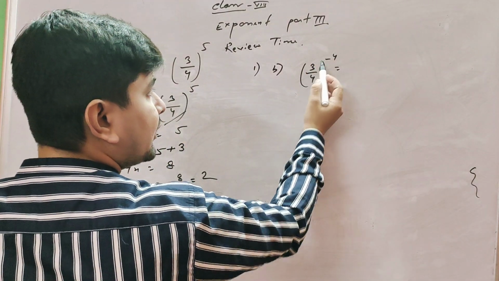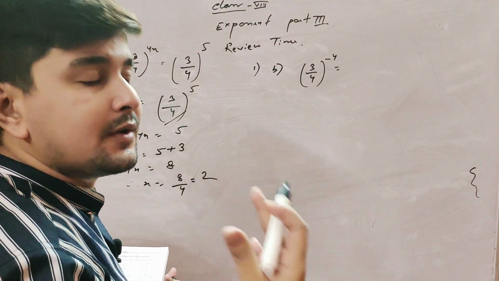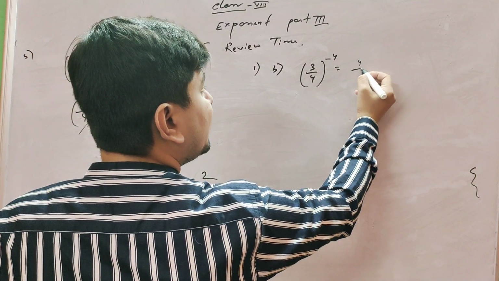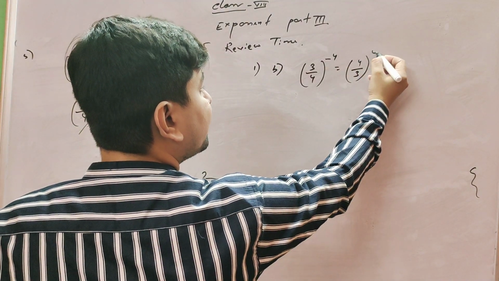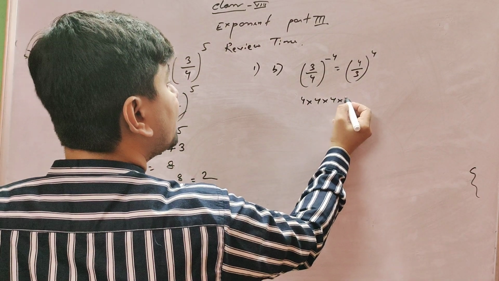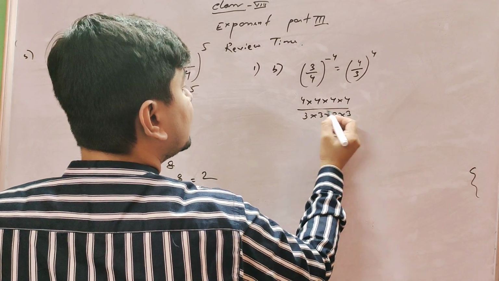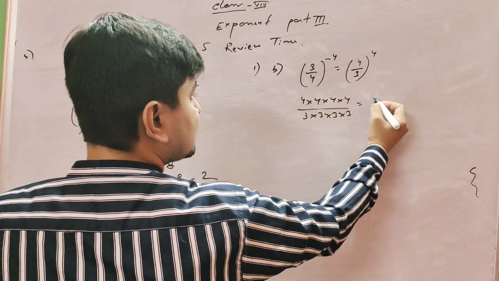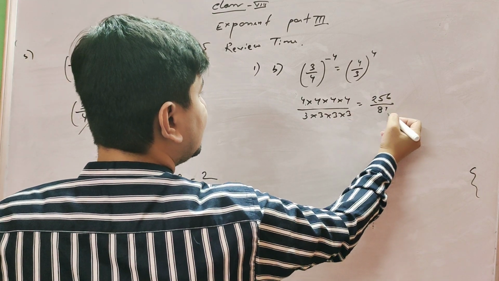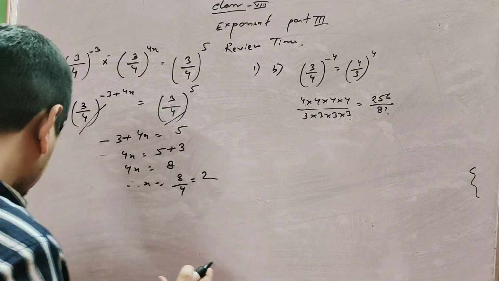We know very well that when the exponent is given in the minus form and we want to convert it into the positive form, first of all we reciprocate. That automatically becomes 4 upon 3 to the power 4. That means 4 into 4 into 4 into 4, and here is 3 into 3 into 3 into 3. 4 4 is 16, 4 4 is 16, 16 16 is 256, and 3 3 is 9, 9 9 is 81. So your answer is 256 upon 81.